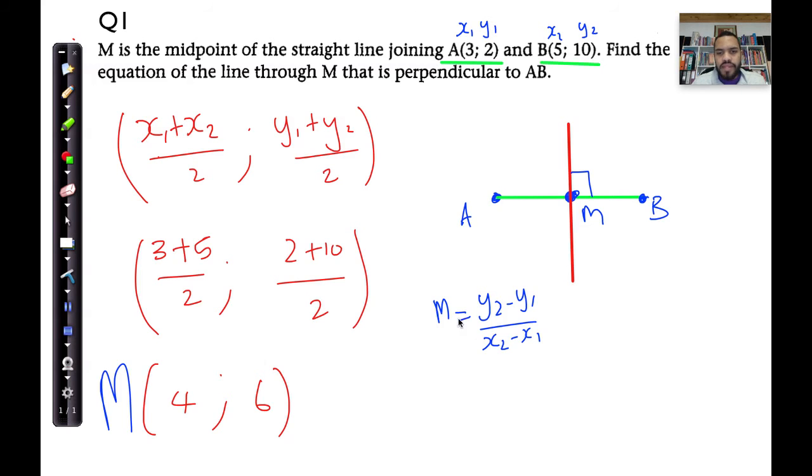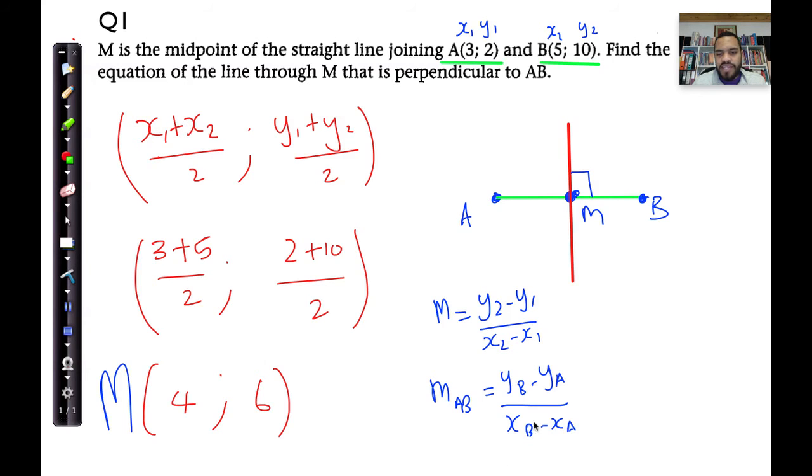Right. Okay, so y2 minus y1 over x2 minus x1. Now if I specifically want this for A and B, I can say, well, m_AB is going to be yb minus ya, which is basically the y2 and y1 respectively, over xb minus xa.